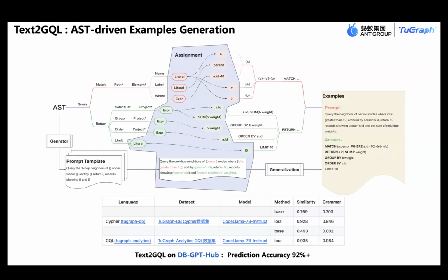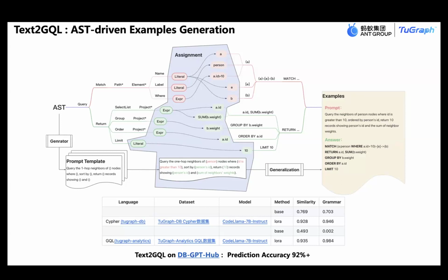And we can use the same method to assign values to the prompt template and generate a raw prompt. But this prompt is not very readable. So we can use an LLM to generalize this raw prompt to a real prompt. And at last, we combine the prompt and answer together to build an example.